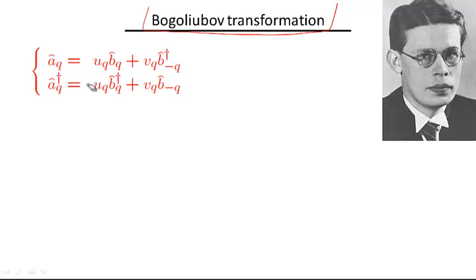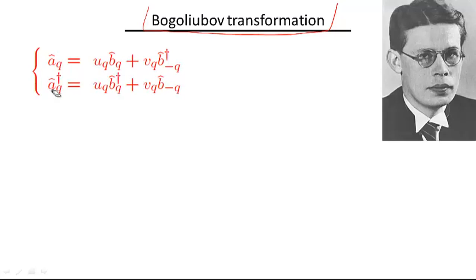I will assume, and this assumption will be verified a posteriori, that these coefficients can be chosen to be real functions, and that they are even functions of q. So u of q is equal to u of minus q.